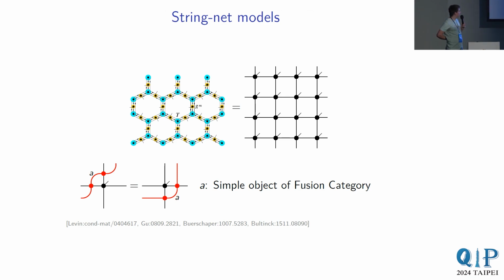Basically, if you have G-injective PEPS, then these MPOs are nothing but tensor products of the group elements. Whereas if you have a general string-net model, this string-net model is defined from some data of a fusion category, and these MPOs you can also build from some data of the fusion category. If you want the exact construction, it's there. Yeah. Okay, thank you.